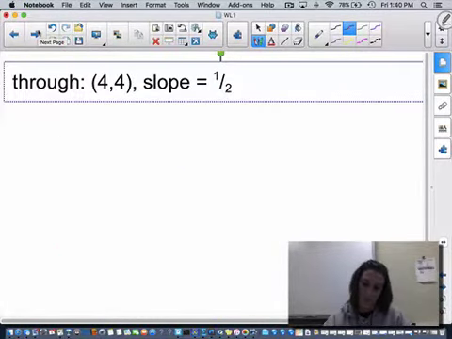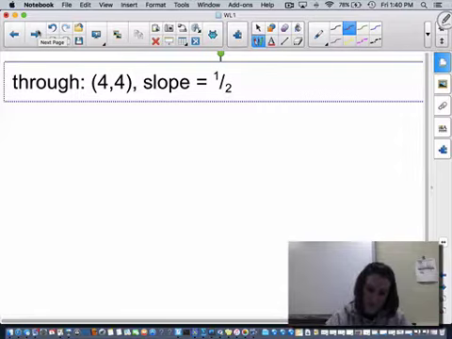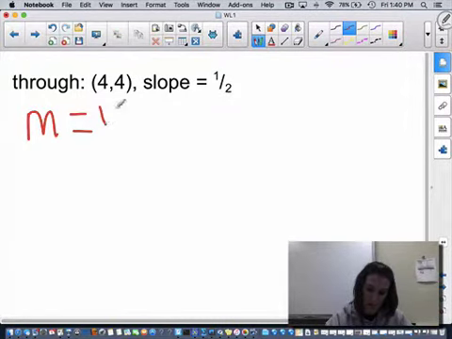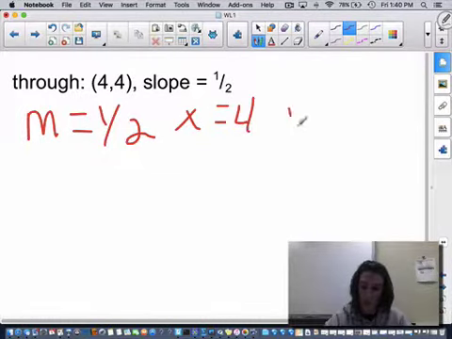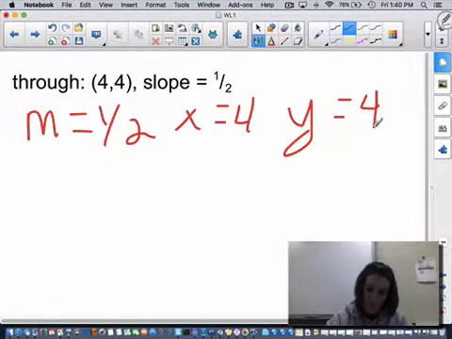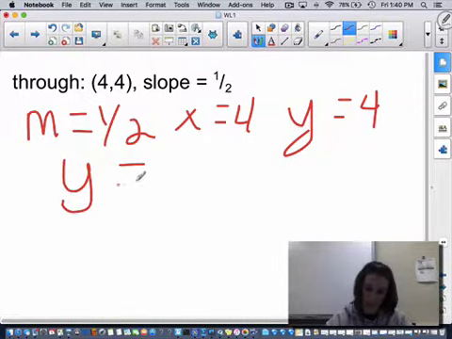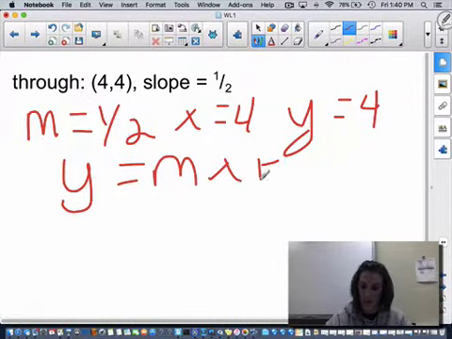All right, let's try another one. So slope they give me is 1/2, x is 4, y is 4. So let's plug it in to y equals mx plus b.